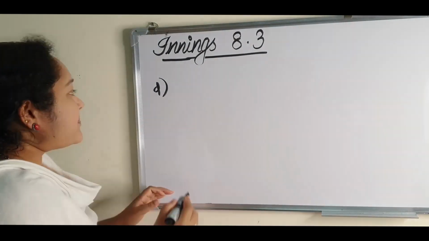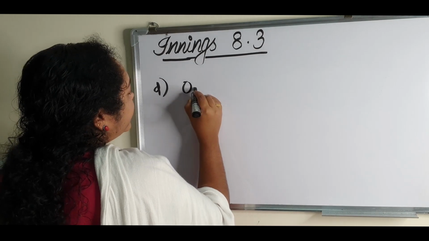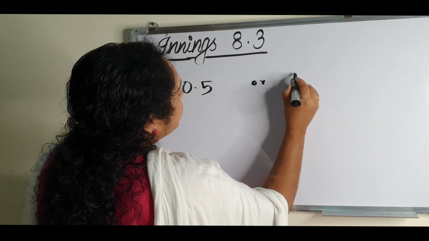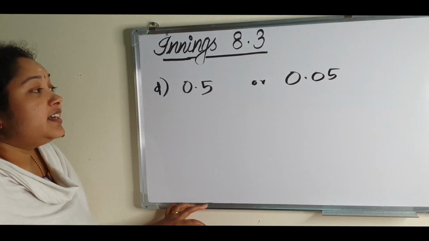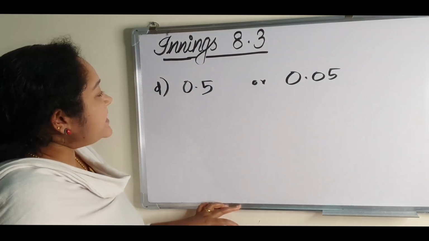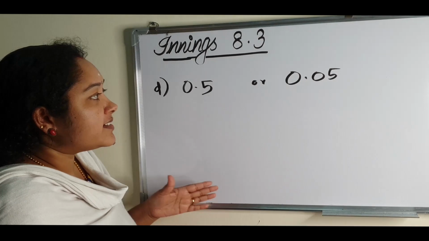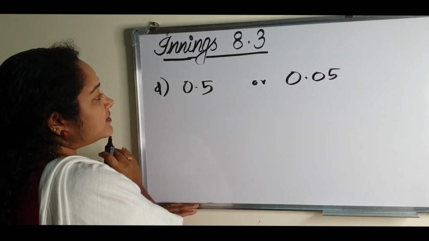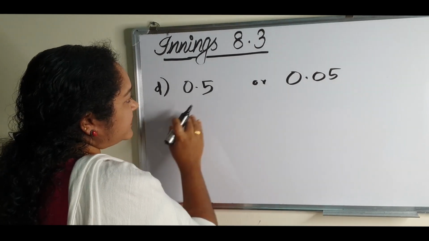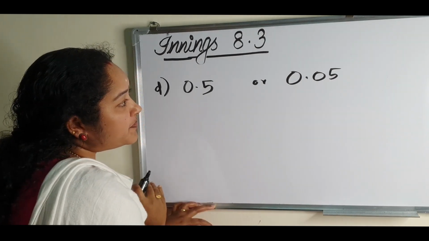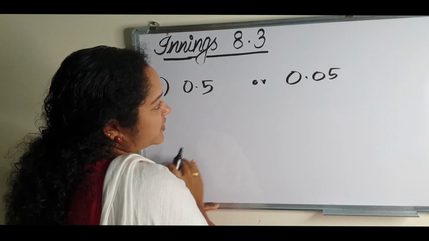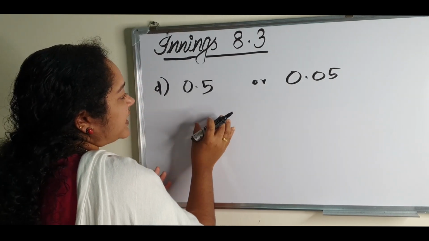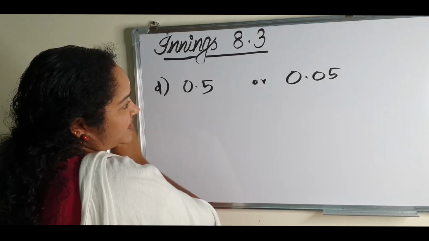Next question is 0.5 or 0.05. Here the whole part is 0 for both decimals, so compare the fractional part. The fractional part is 0.5 and 0.05. Here the fractional part has 2 place values, so we change the fractional part up to 100.